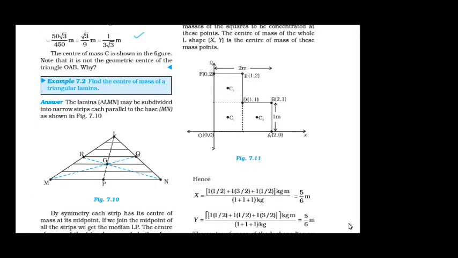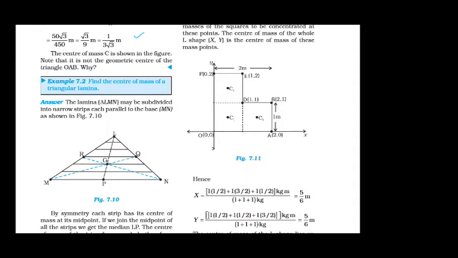Find the center of mass of a triangular lamina. A lamina triangle LMN may be subdivided into narrow strips each parallel to the base MN, as shown in figure 7.10.